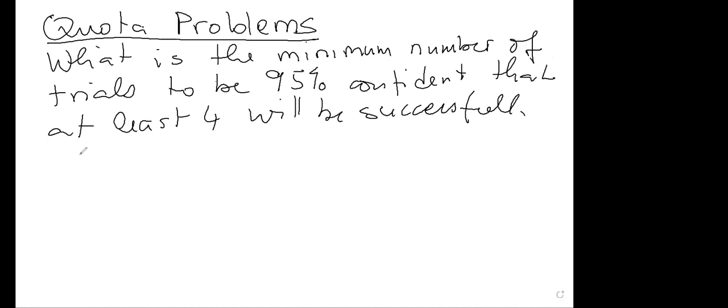In other words, what is the probability? What is the minimum number of trials so that the probability that x is greater than or equal to 4 is more than 0.95?